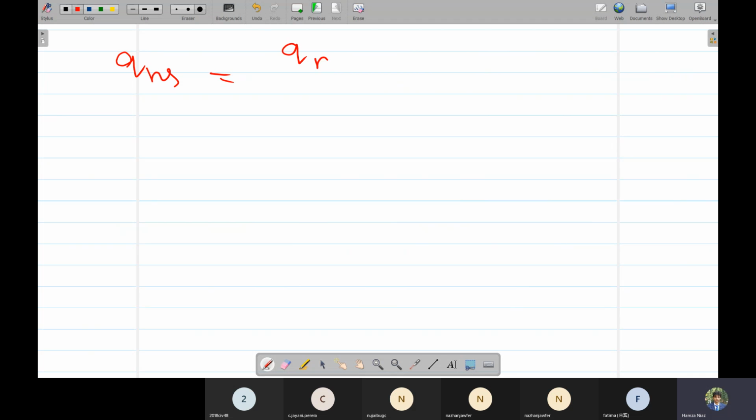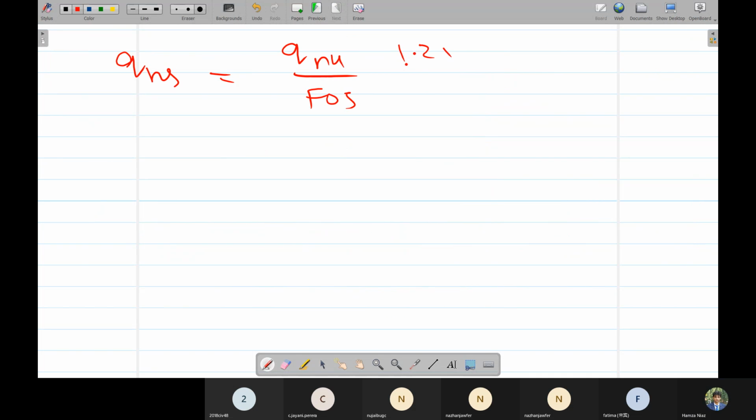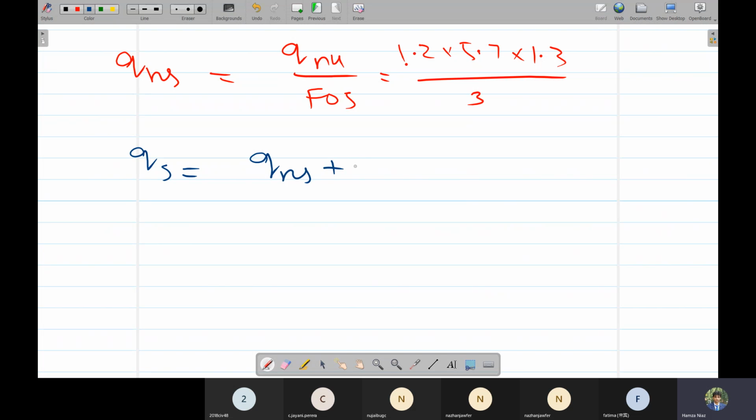So it is simply Q net ultimate divided by factor of safety. 1.2 into 5.7 into 1.3 divided by factor of safety, which is 3. That would be Q net safe. Then Q safe would be Q net safe plus gamma Df. Now we are adding the overburden pressure. So simply this expression plus 4 into whatever the gamma was.